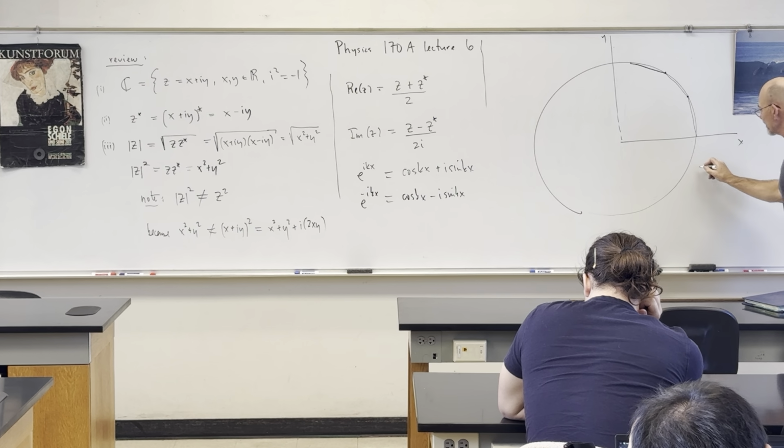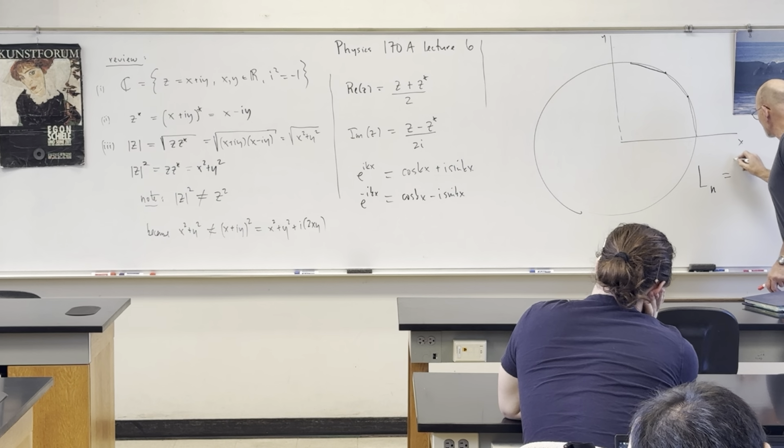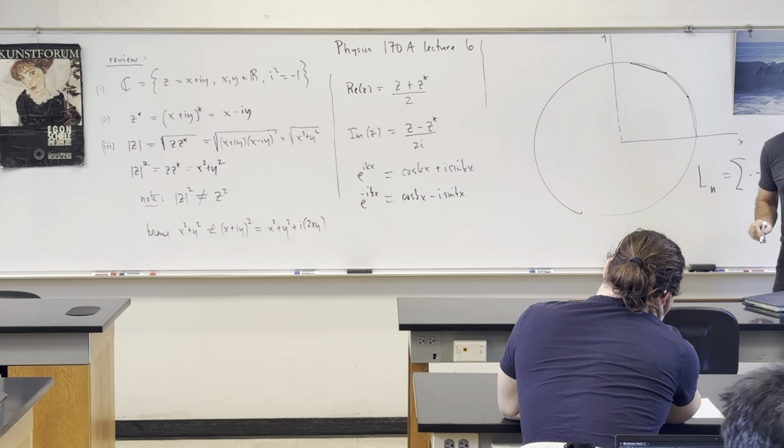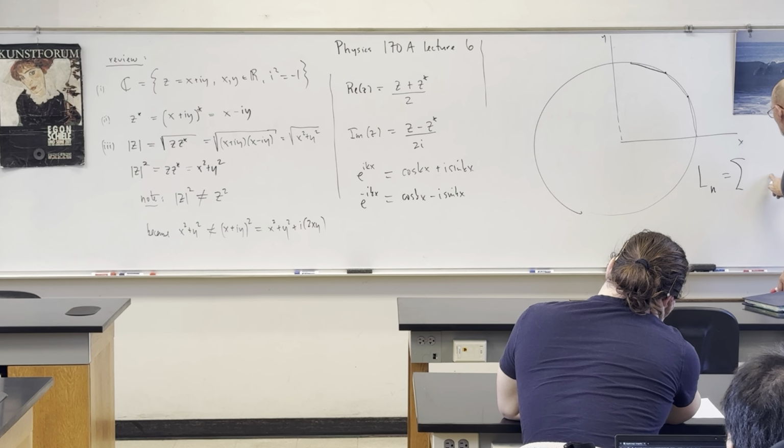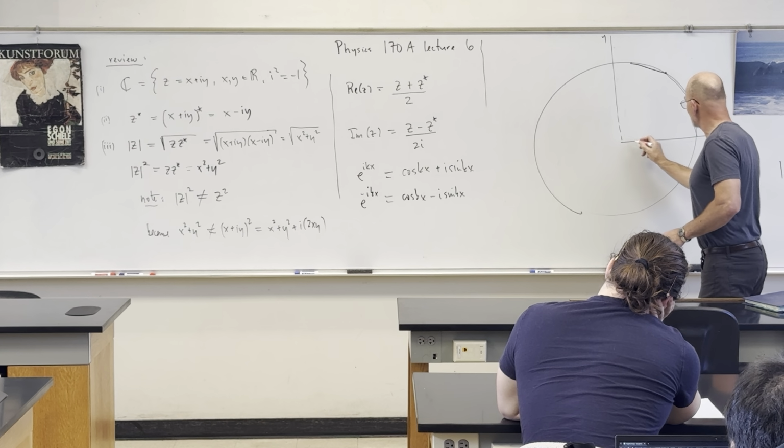And we had this L sub n equals the sum over something. So those somethings there were the magnitudes of the differences of these complex numbers. So this was our 0th one.